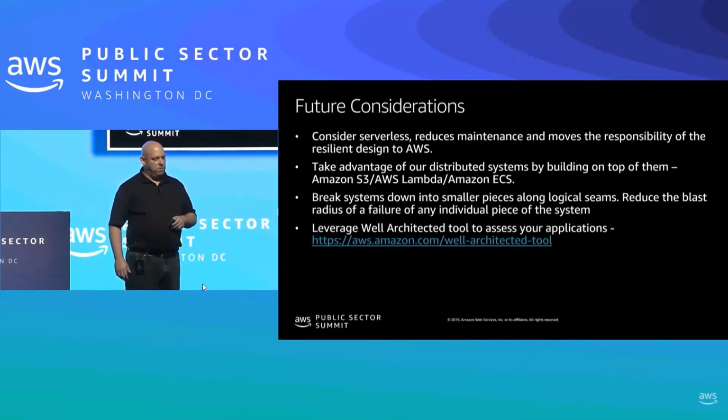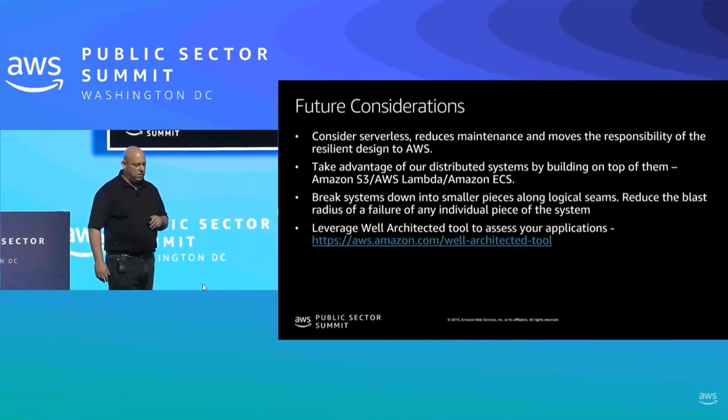So going serverless is a big plus. Leverage the AWS region-wide services and break things down into smaller services. You want to reduce the blast radius, so that when something fails, it has a small impact and you're able to recover quickly.